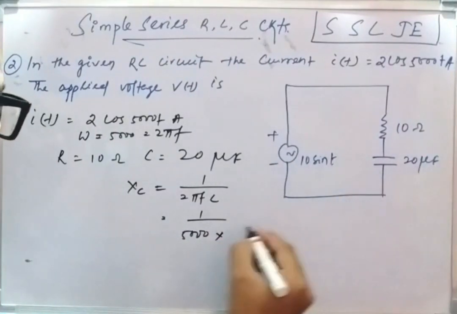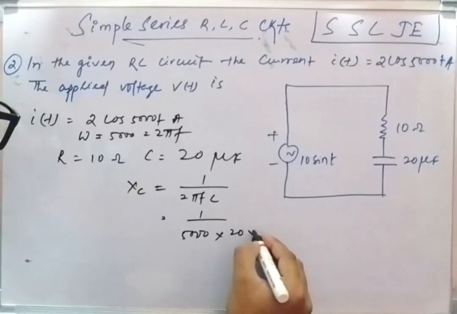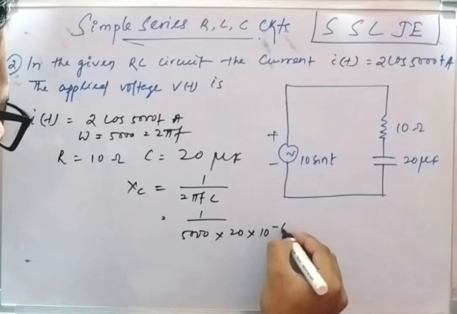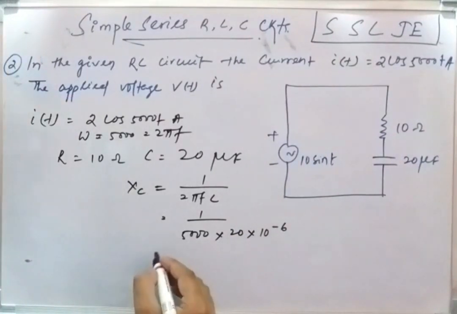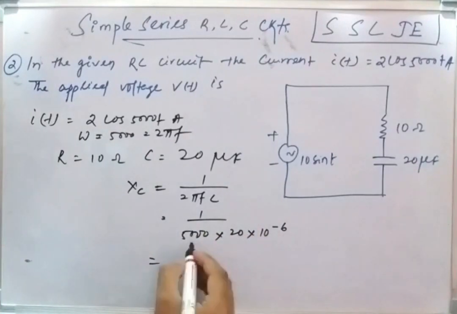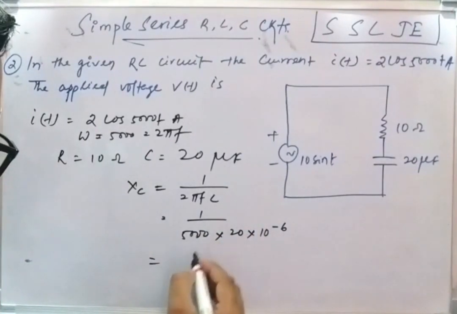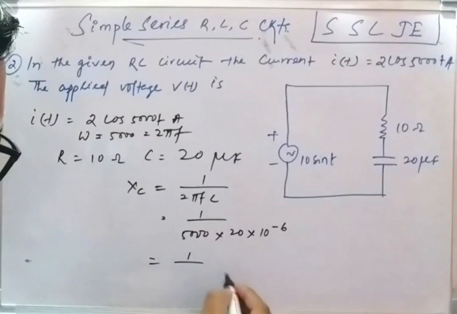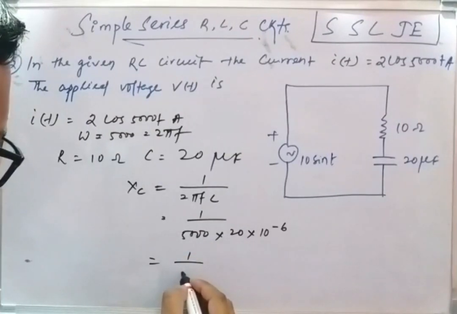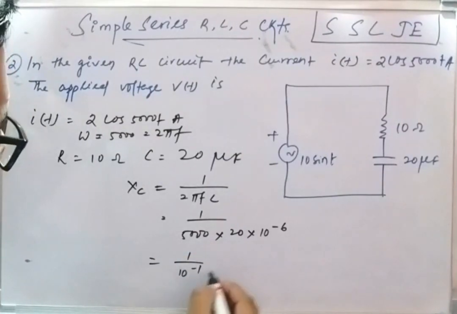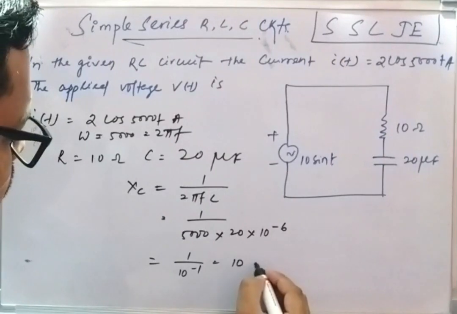Capacitance is given 20 microfarad. Micro means 10 to the power minus 6. We will solve this. You will get 1 by 10 to the power minus 1, or it is 10 ohm.